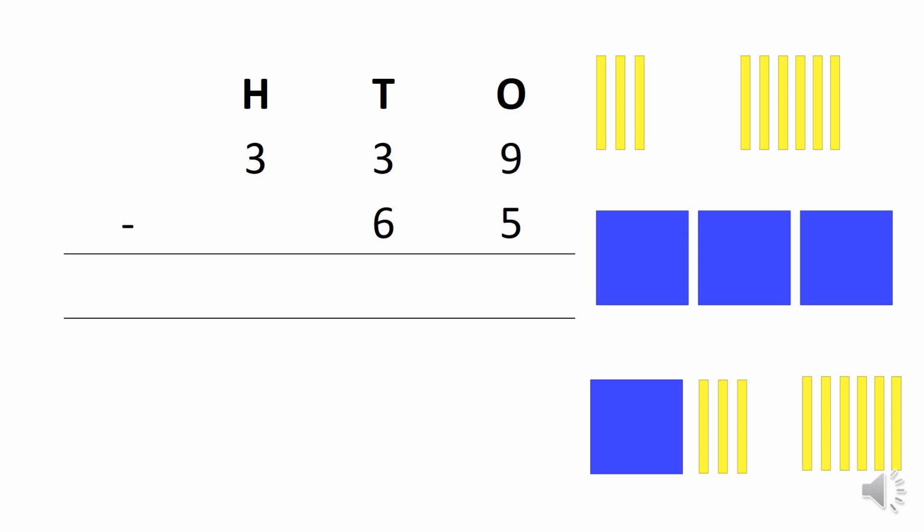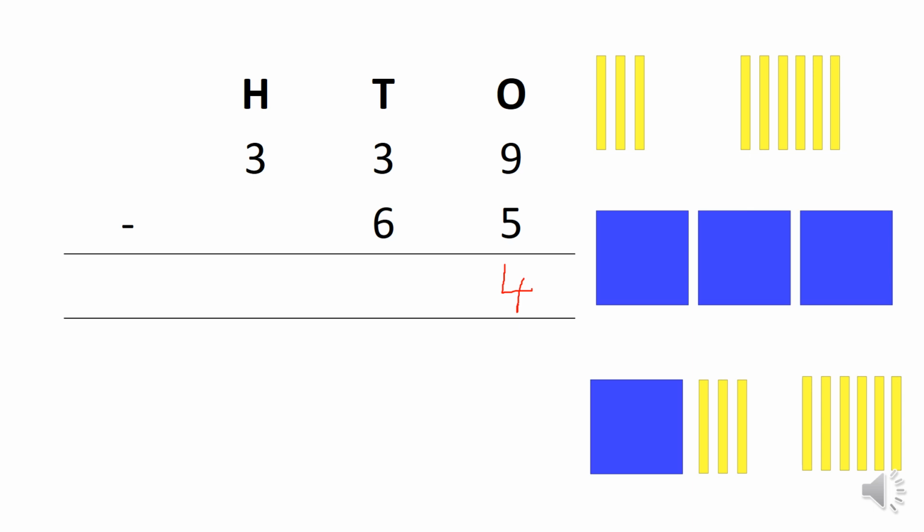Let's try this one. I start again with my ones column. 9, take away 5. Yes, I can do this. 9 take away 5 is 4. Move across to the tens column. Now I have 3 tens. Take away 6 tens. I can't do it.